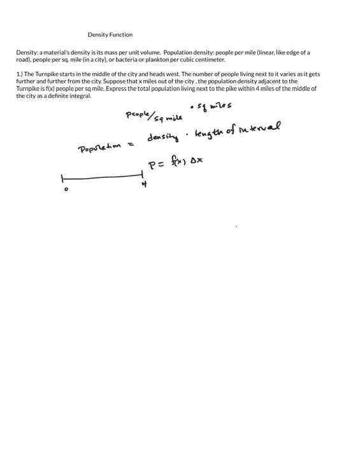So the population is f of x times delta x. Now keep in mind, we want the total population. So we would need to take the limit as delta x goes to 0 of f of x times delta x.